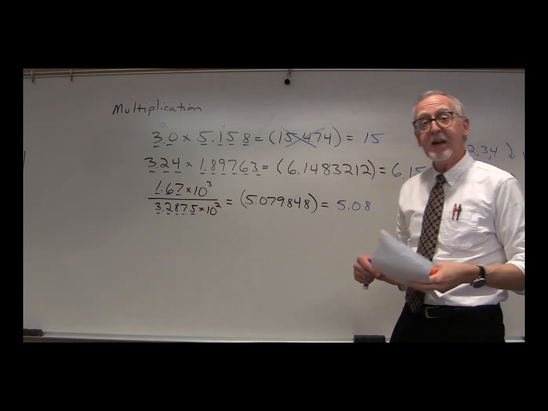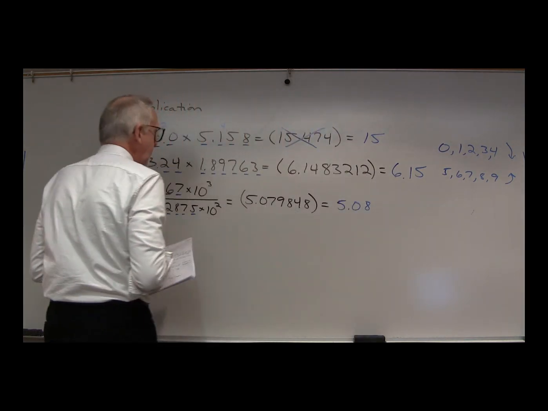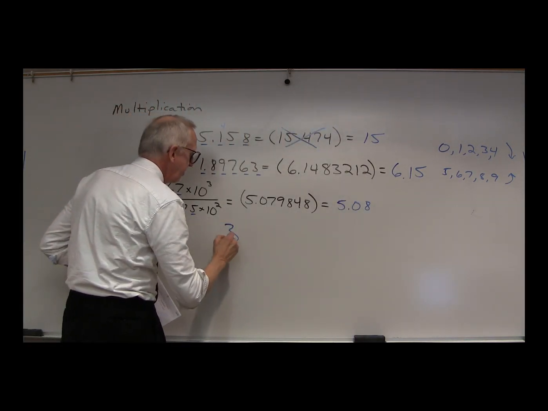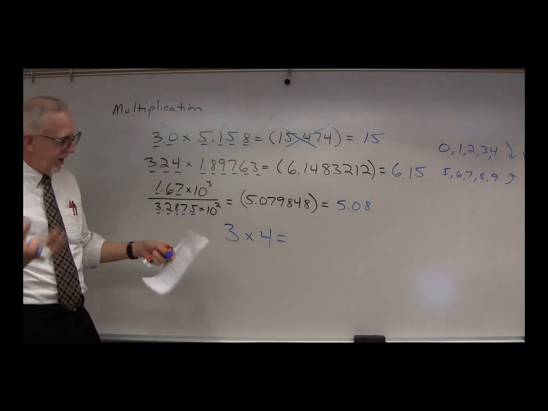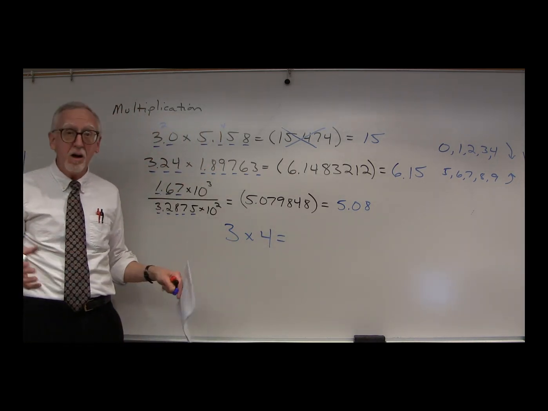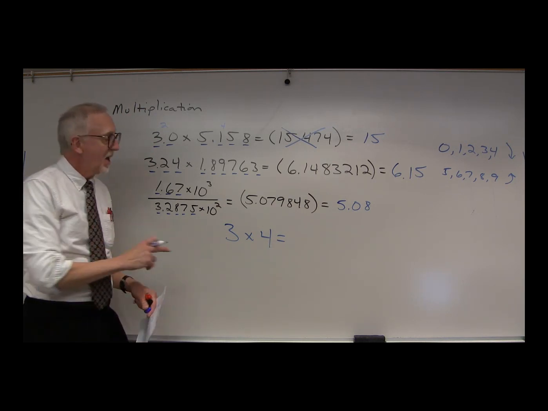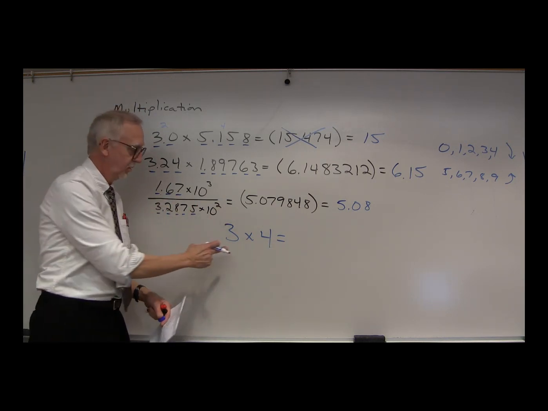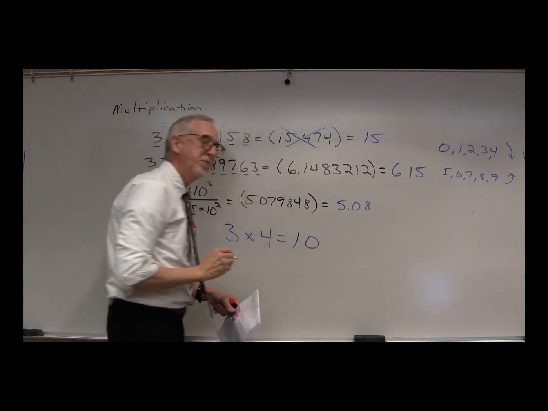Now, I'd like to just point out one thing, something I like to show my students. Let me ask you a question. What is 3 times 4? Well, everyone wants to say 3 times 4 is 12, but in terms of significant figures, how many sig figs can we keep? 1 here, 1 here. Well, the answer is 10. 3 times 4 is 10.